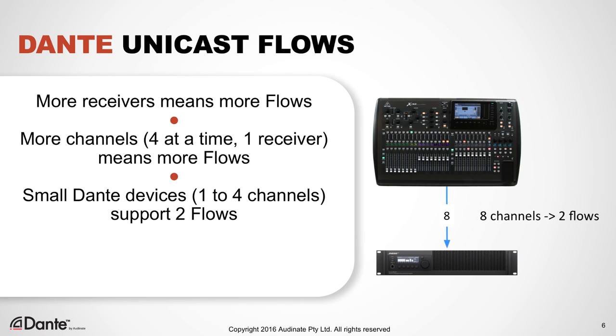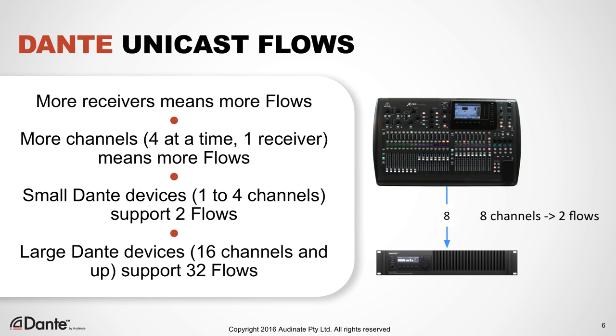Dante transmitters support a limited number of flows, which may affect unicast and multicast decisions. Smaller Dante devices with 1 to 4 channels support 2 flows. Larger Dante devices with 16 or more channels support 32 flows.